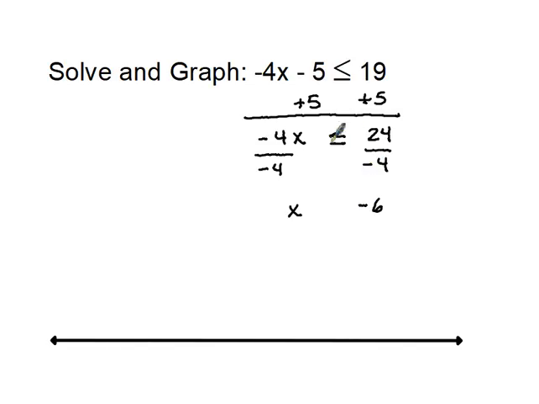And the next part is the sign. Because I had to divide both sides by a negative number in an effort to get x by itself, that forces me to flip this sign over.